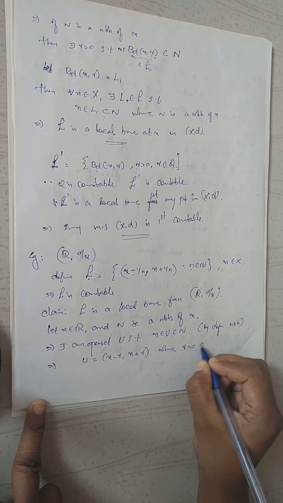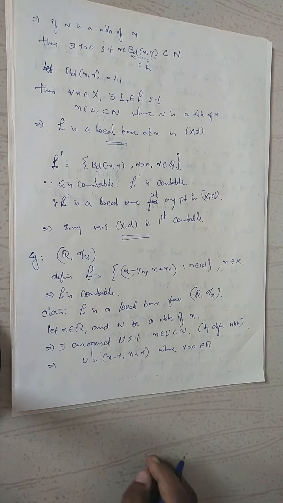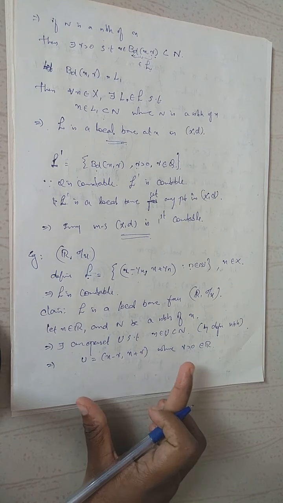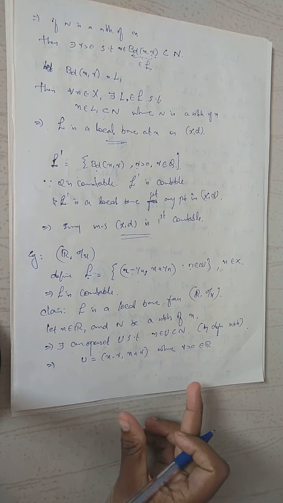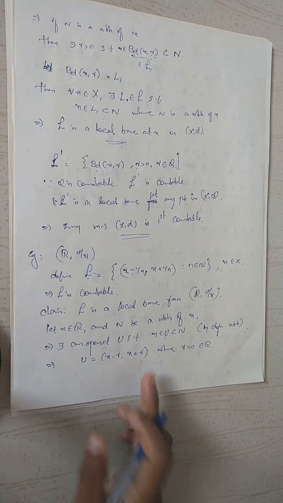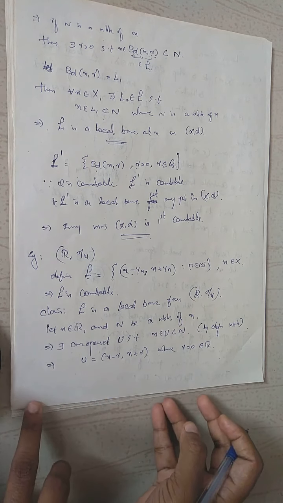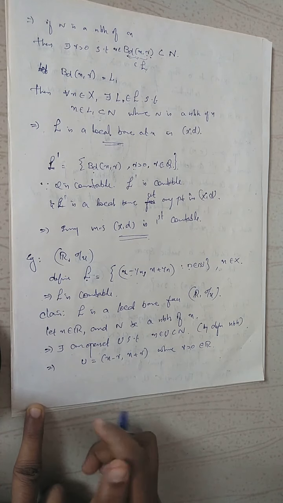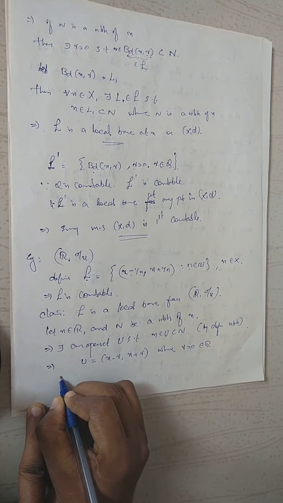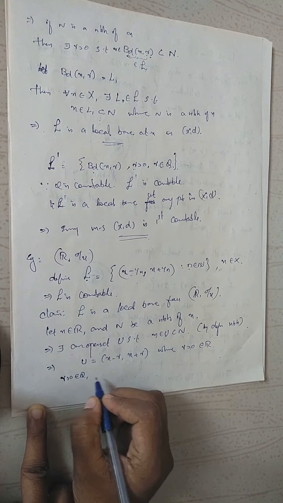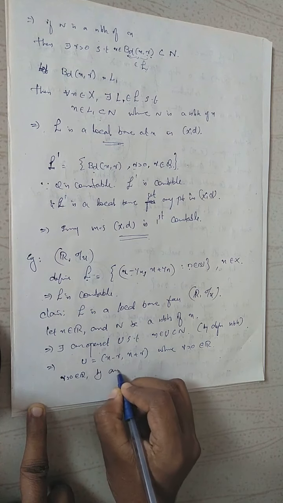Because it is the usual topology, the open sets are of the form open intervals, so by the definition of the usual topology, U will be of the form (x minus r, x plus r). Since r is a positive real number, you can use the Archimedean property.